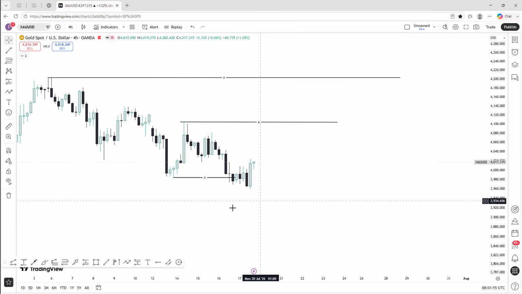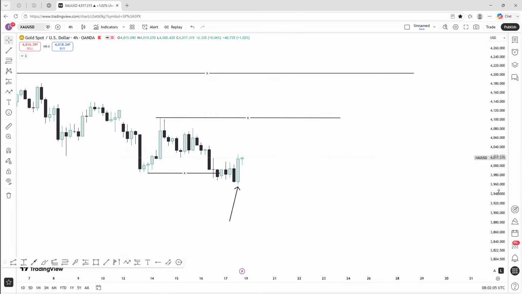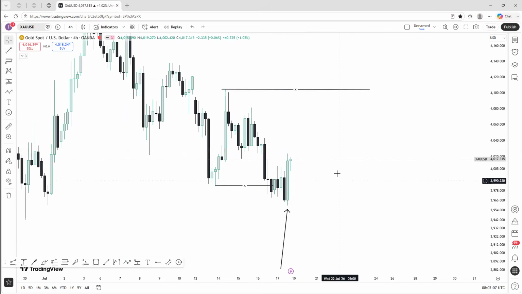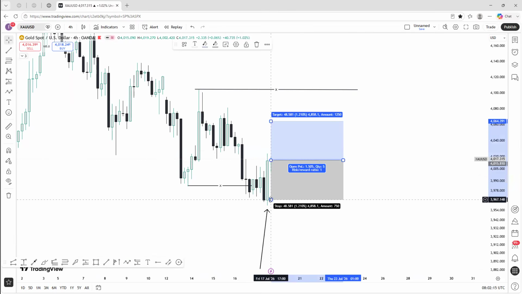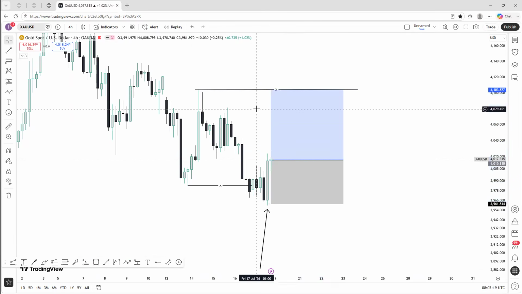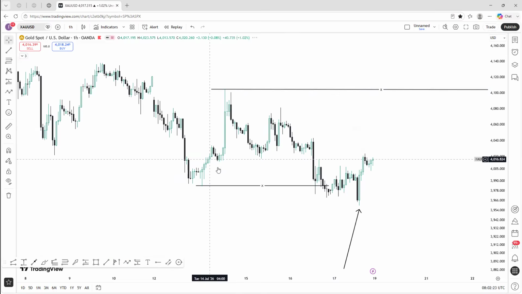You can see the 4H candle on Friday, this one, is an engulfing candle that confirms bullish momentum. So after the creation of that engulfing candle, expect the price will either rise directly from that point and target this high, or retrace back to the discount level.